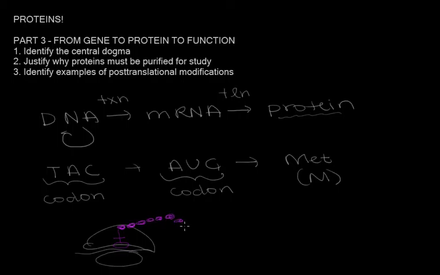However, they haven't folded yet. So folding is one post-translational modification. This is done by a special class of proteins called chaperones, whose job it is to bind the growing peptide chain and put it into its correct 3D form, the tertiary structure.